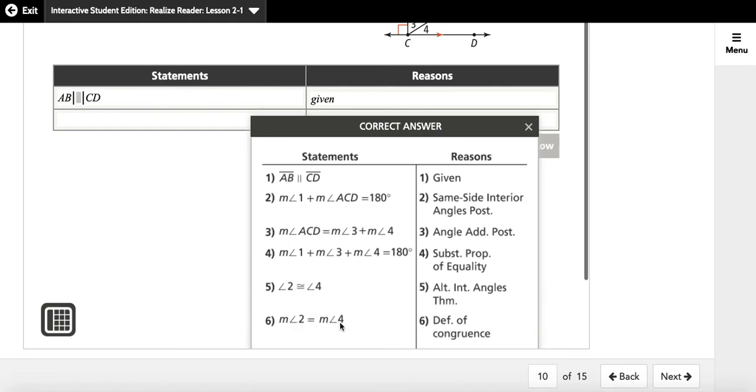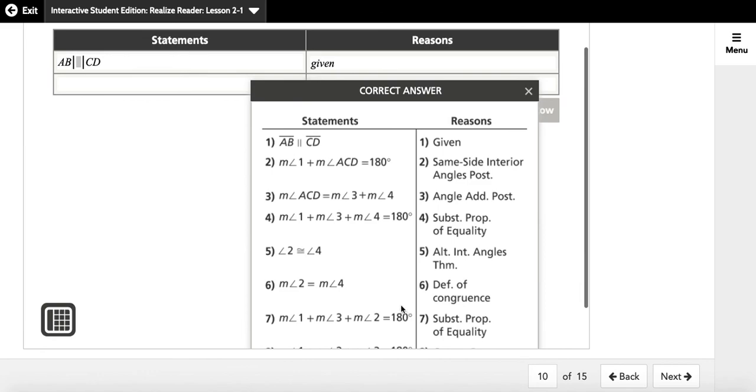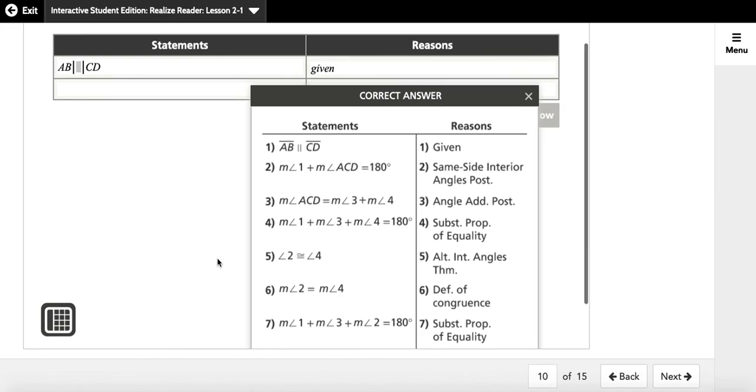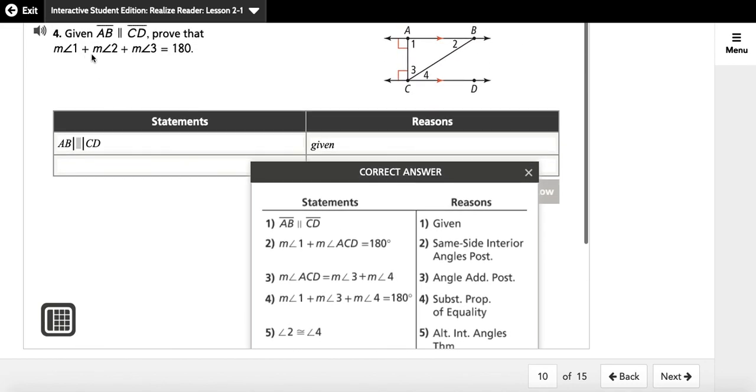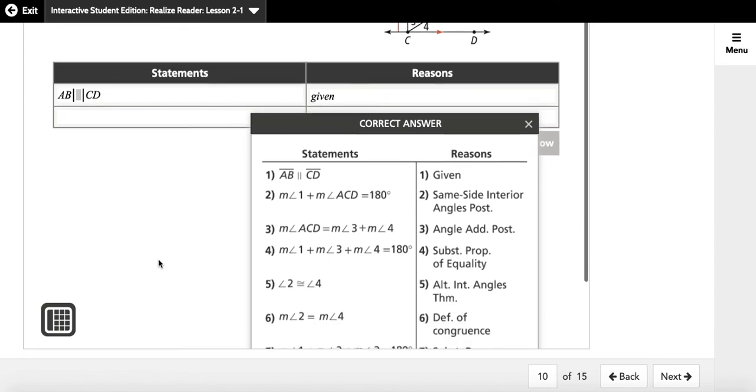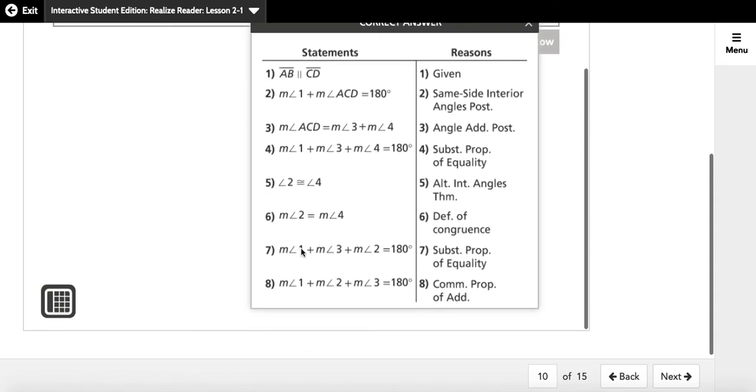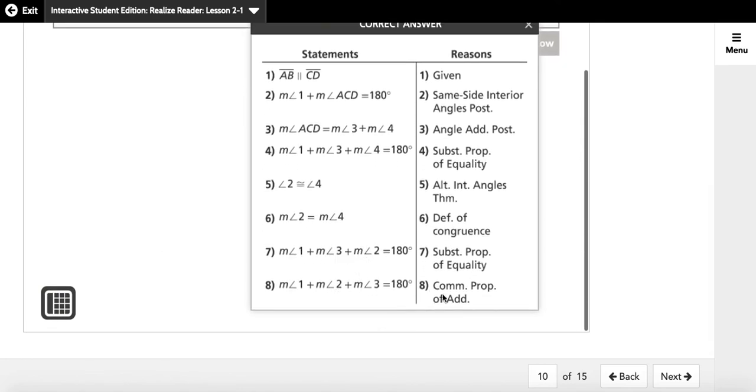Now that we know the measures are the same, we can just replace the 4 with the 2 in that equation up here. They substituted it in. Now we have the measure of this plus the measure of that plus the measure of that is 180. And I thought that's what we were trying to prove: 1, 2, 3, 180. Oh, they just switched the order using the commutative property.